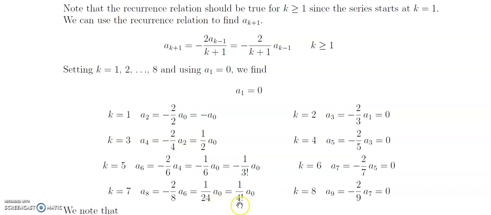And 24 is 4 factorial, because 4 factorial is 4 times 3 times 2 times 1, which is 4 times 6, 24. So 1 over 4 factorial times a0. And if we use k equals 8, we get a9 equals negative 2 over 9 times a7. a7 is 0, so a9 will be 0.